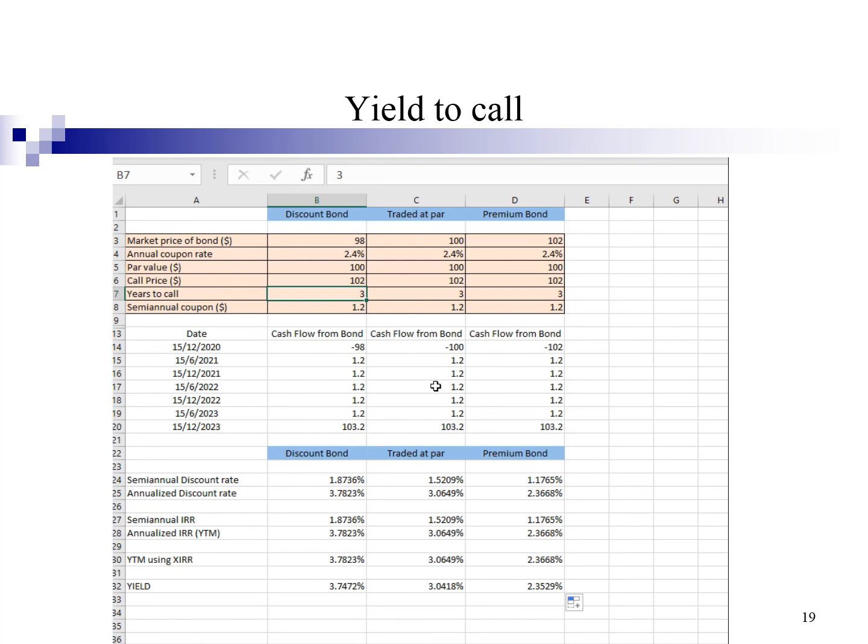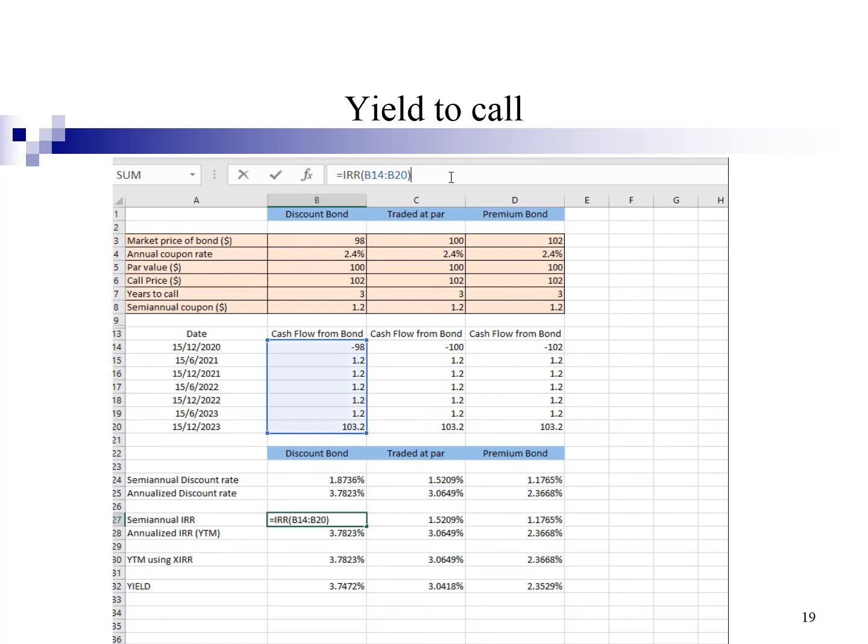The last cash flow ends at 103.2, which is equal to the call price plus the semi-annual coupon of 1.2. When we use the RATE function in Excel, take note that the future value is the call price. The number of periods is 3 times 2, which is 6 semi-annual coupon payments.